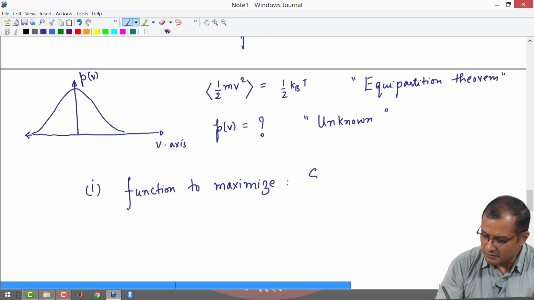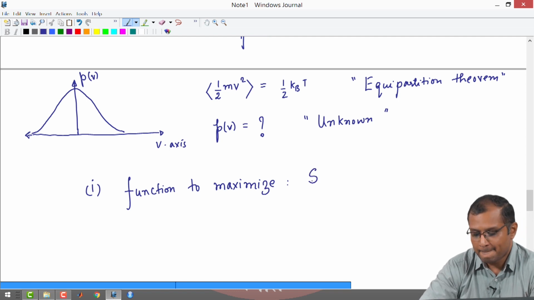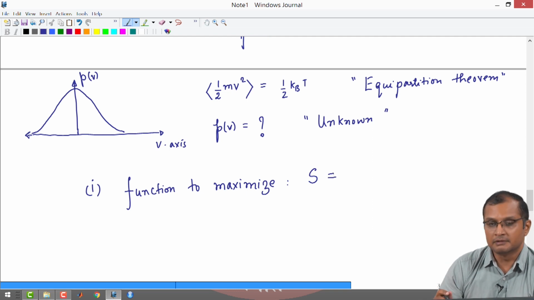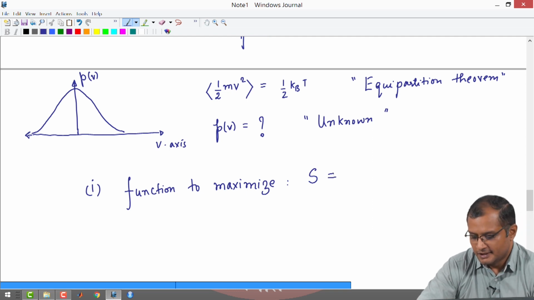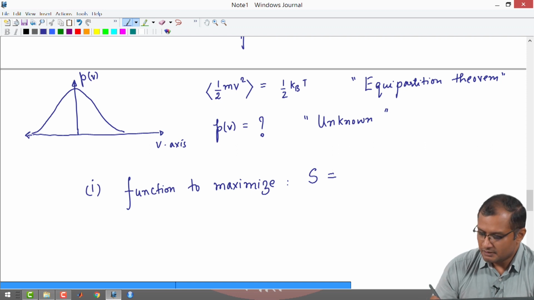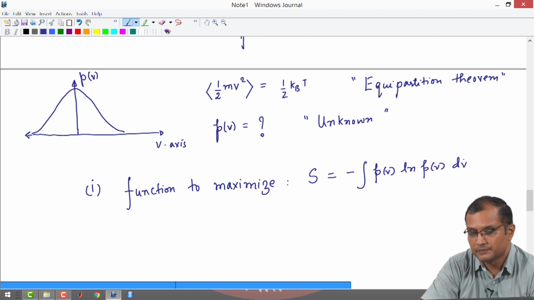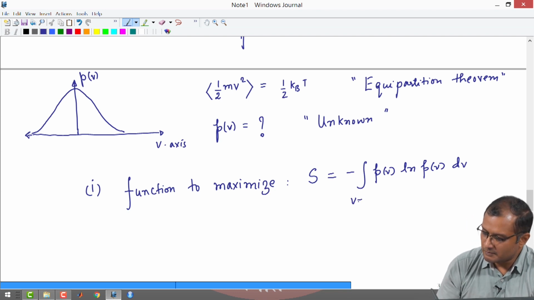And just as in the discrete case, instead of taking a summation, I will take the entropy to be a negative integral of p of v ln p of v dv. Okay. And the limits here are going from minus infinity to plus infinity.